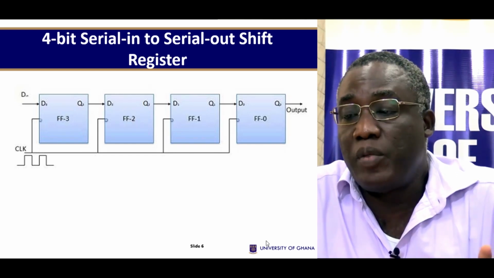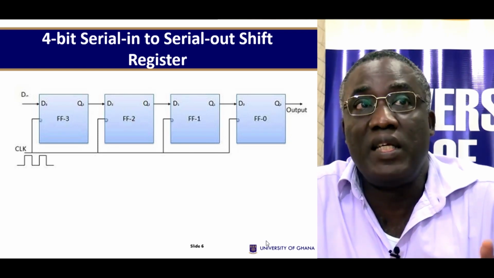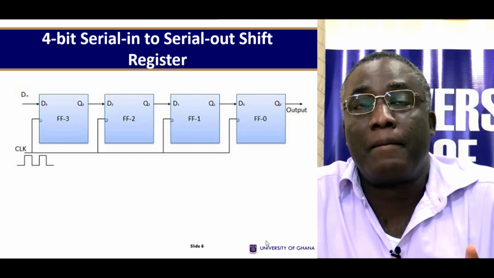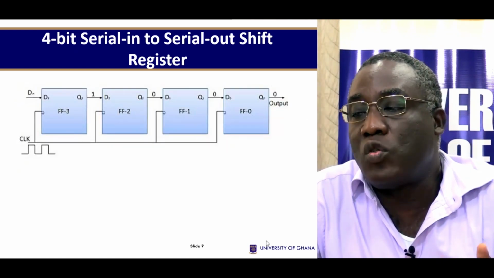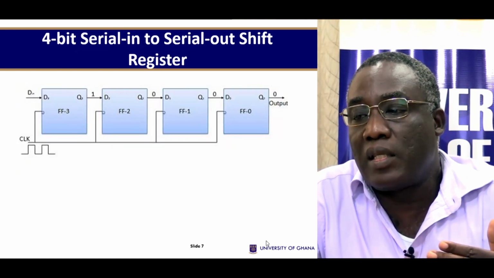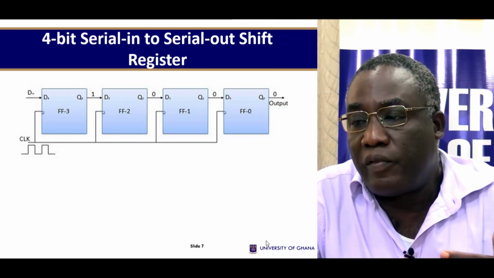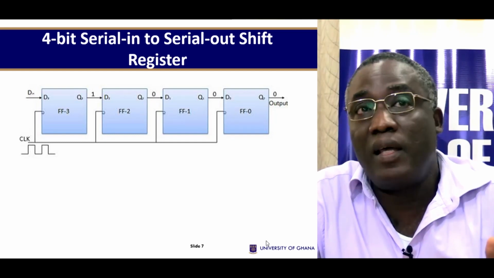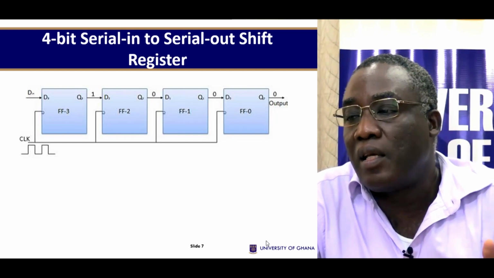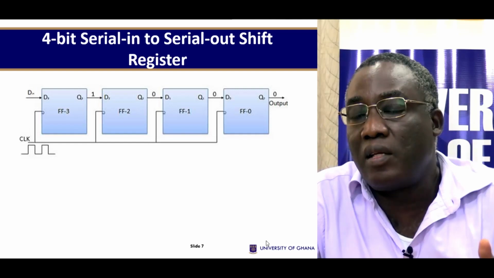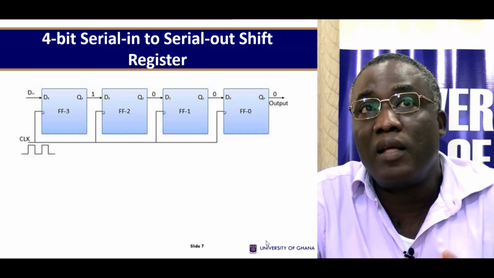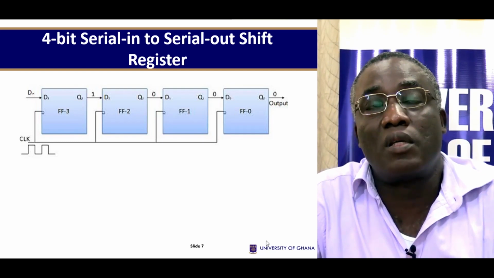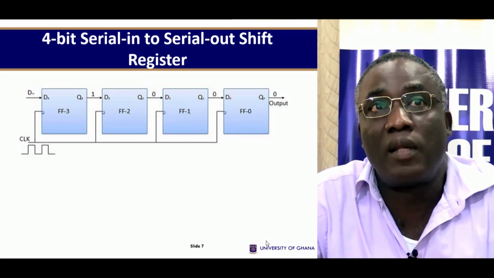So the least significant bit you apply first. So D in equals D3. If you apply it on the falling edge of the clock, then F3 will be set and stored in the register. So then you have 1, 0, 0, 0, because you had applied the first one.